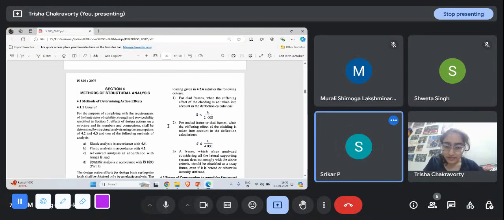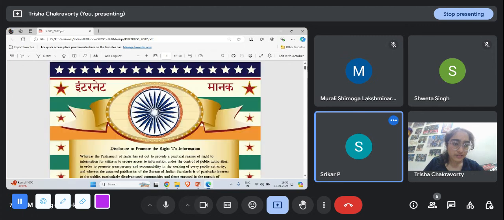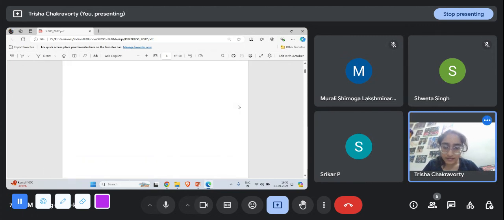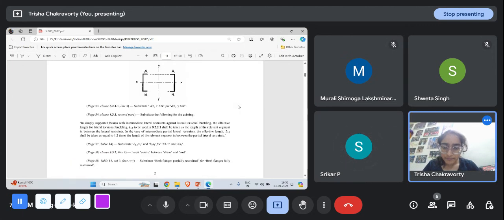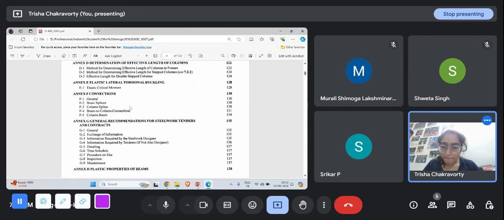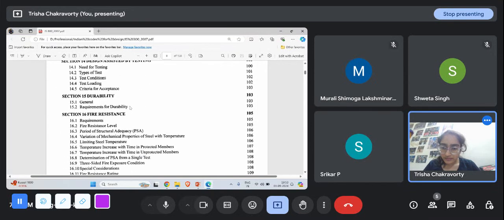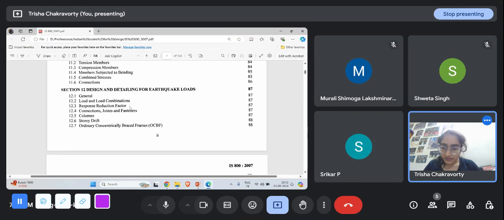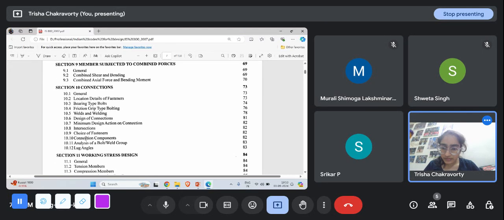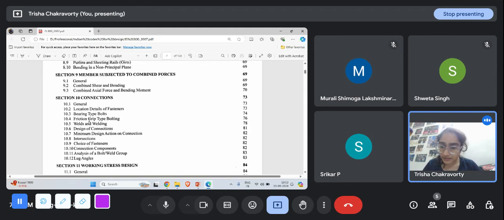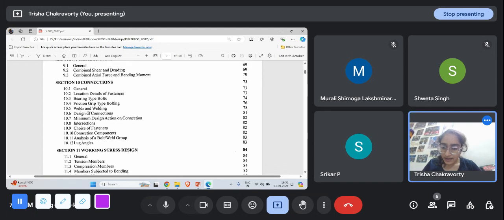Wait, I'll see. Where are eccentric connections? You can see my screen, right? Do you know where eccentric connections are in the code?